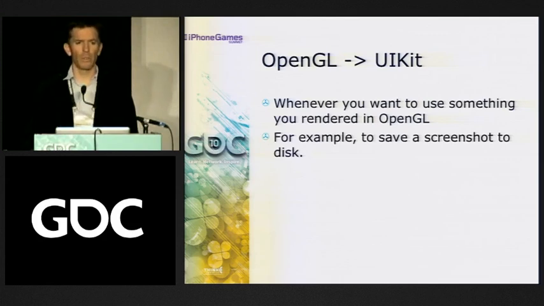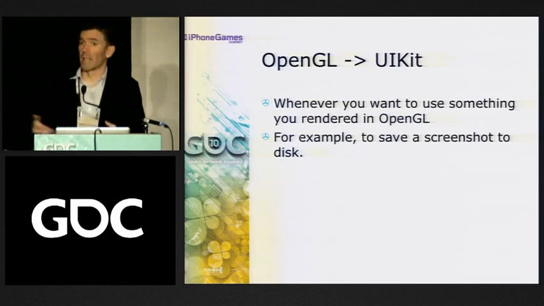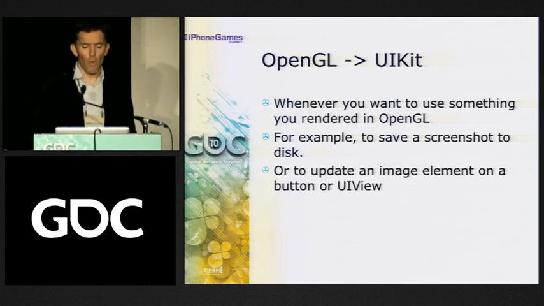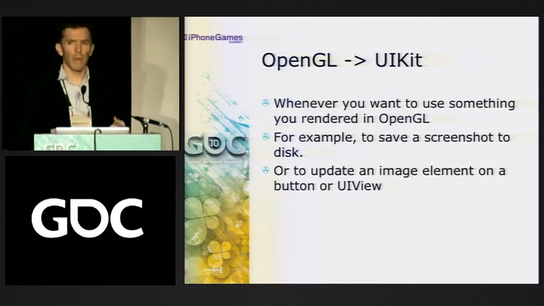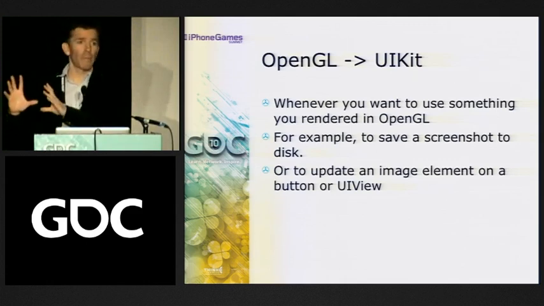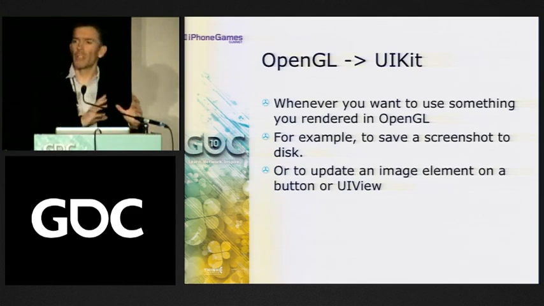But maybe you want to take a screenshot of what you rendered and save it to disk, so maybe you can send it as an email or upload it to Facebook. Or maybe you want to render something and then take a snapshot of what you rendered in 3D and update a UI element in UIKit.